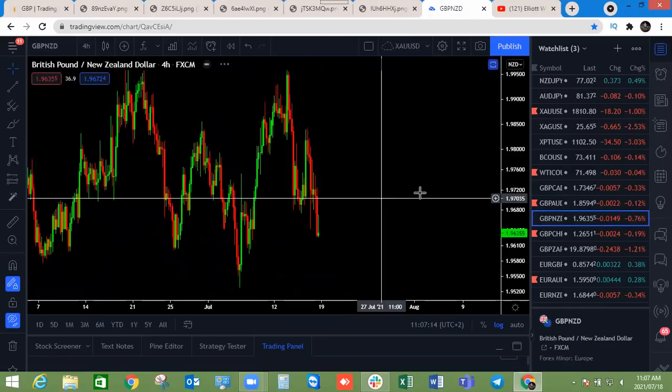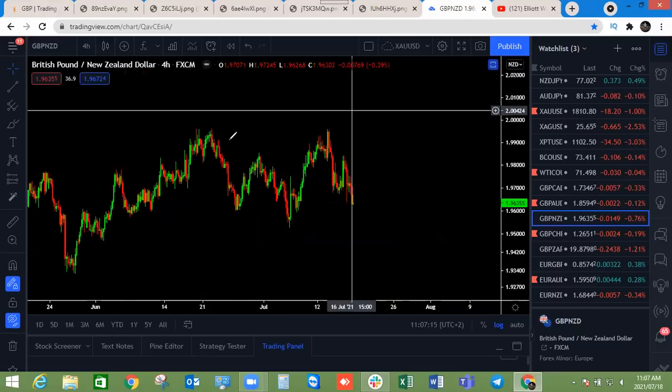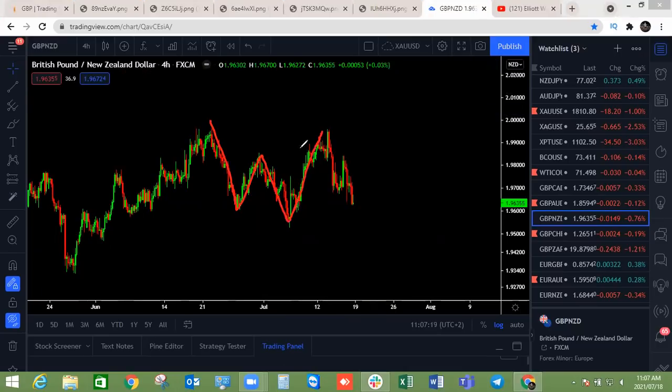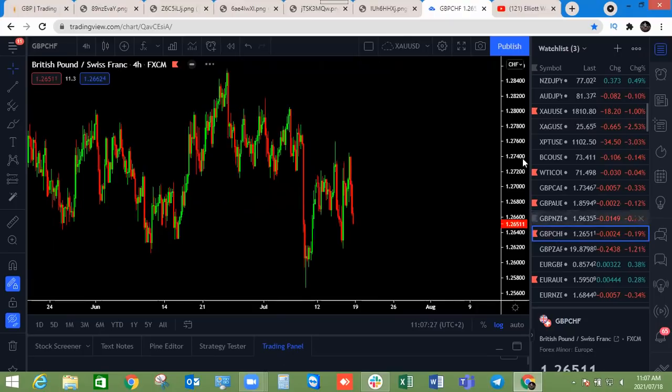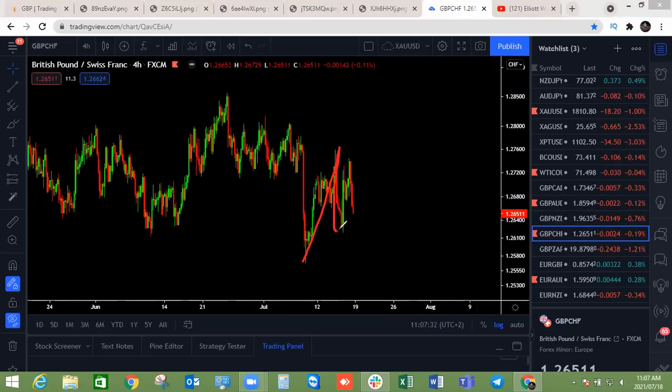Pound New Zealand could move slightly to the downside as follows. Give us a complex correction here as follows. Make a continuation to the downside before pushing to the upside. That's also a possibility. Let's watch that. Pound CHF looking for more downside, with a possibility for this to give us this structure 1, 2, 3, and giving us this as 1, 2, 3. Right, so that is pound CHF.